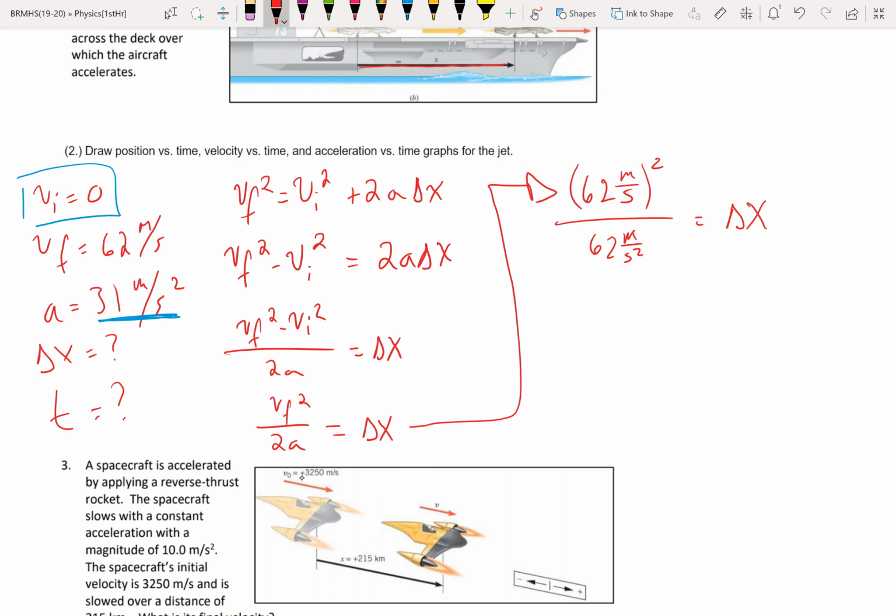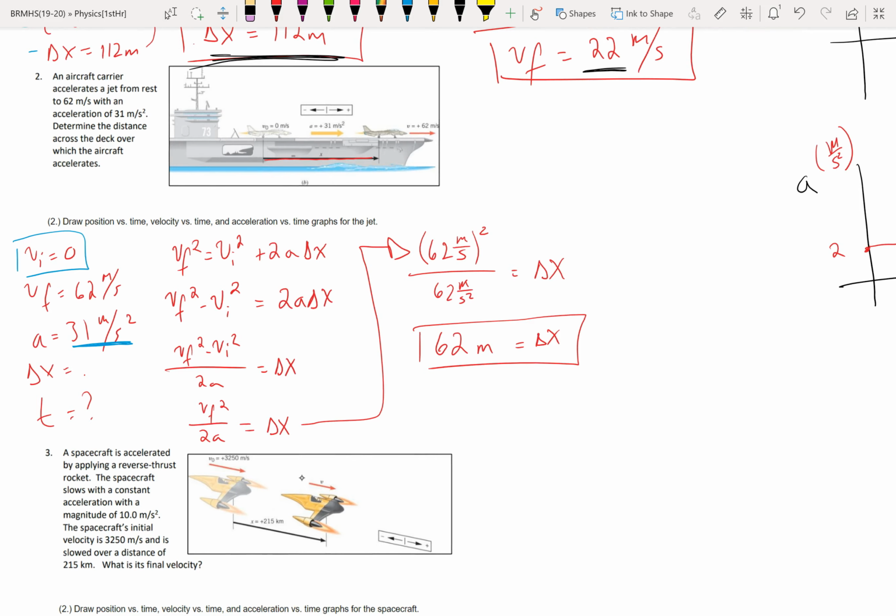Well, 62 squared over 62 is 62. And my units get adjusted. I got meters squared over seconds squared divided by meters over seconds squared. I'm only left with meters up top. So 62 meters is our displacement for this guy.